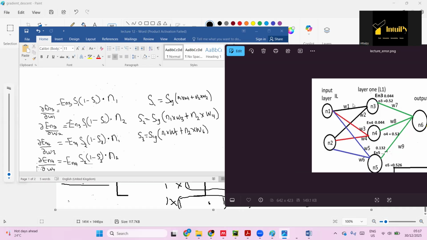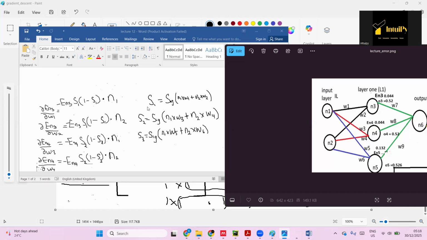So for W1, we would have to look at the error in front, and then we would also have to look at the output from N1. And you can see that's the error in front, and then the sigmoid here is what we have here. S1 here means sigmoid of N1 times W1 plus N2 times W2.